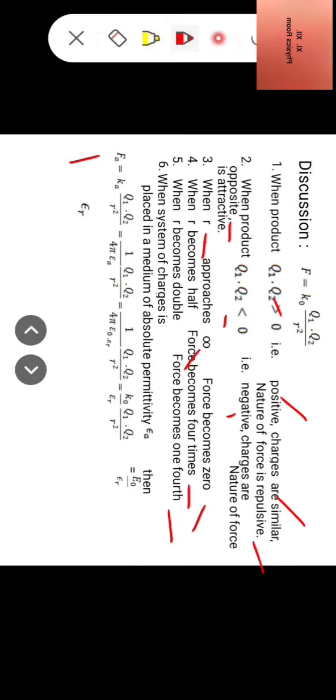Now we replace Ka by 1 by 4 pi epsilon A, and then it is equal to 1 by 4 pi epsilon naught epsilon R, because epsilon A is equal to epsilon naught epsilon R. We can replace 1 by 4 pi epsilon naught by K naught here, and we get Fa is equal to K naught by epsilon R into Q1 Q2 by R square.